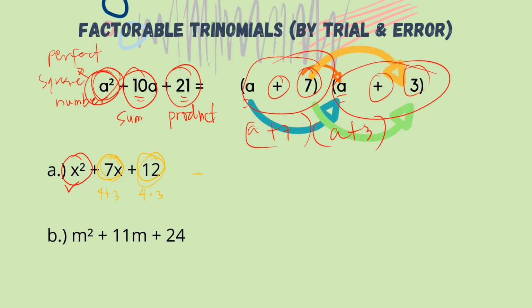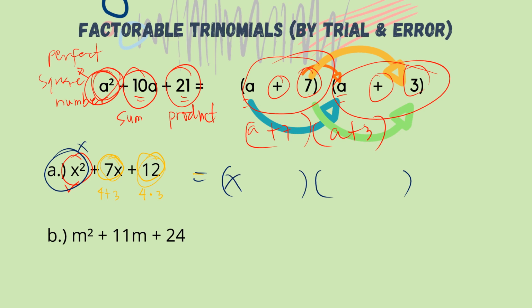So what now will be the factors of this given trinomial? So gawa na tayo ng parenthesis for the two binomials. Yung first term ng ating factor, manggagaling dito. What is the number when you multiply by itself, you'll get x squared. So that is x.